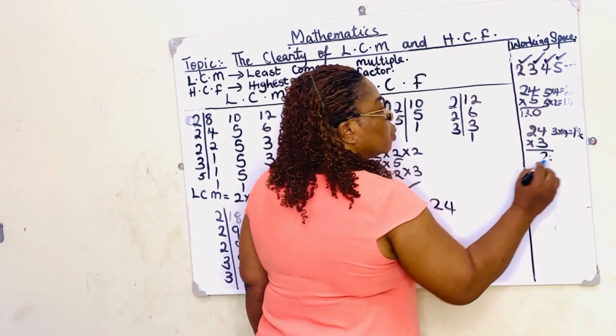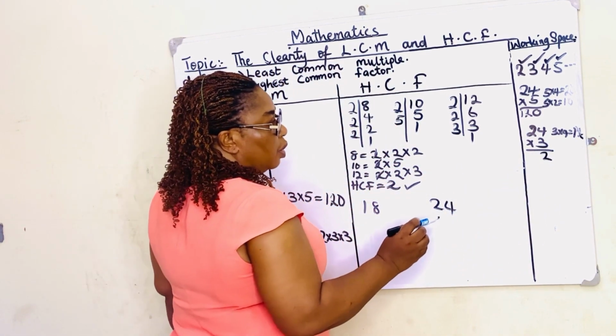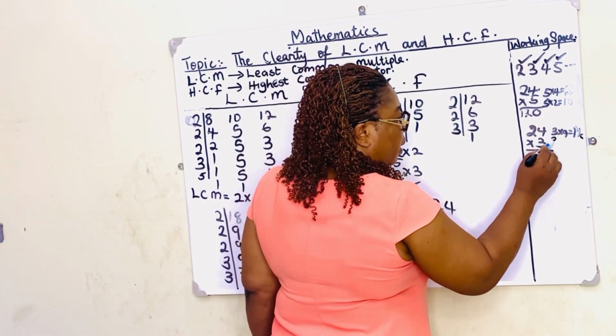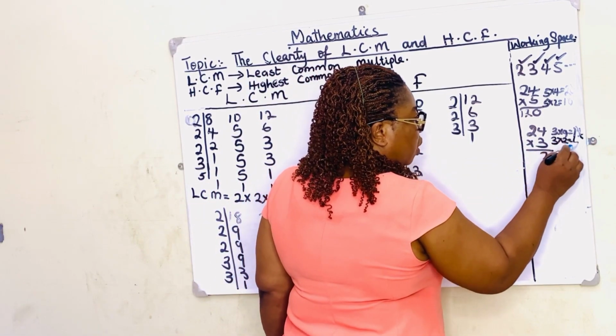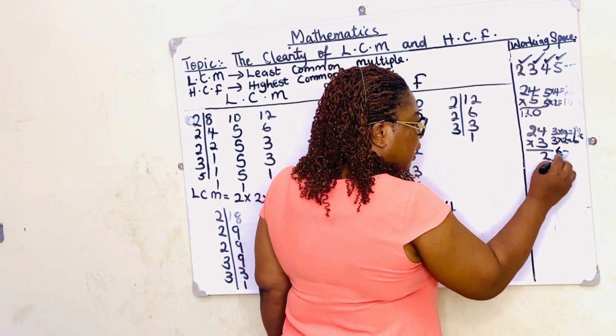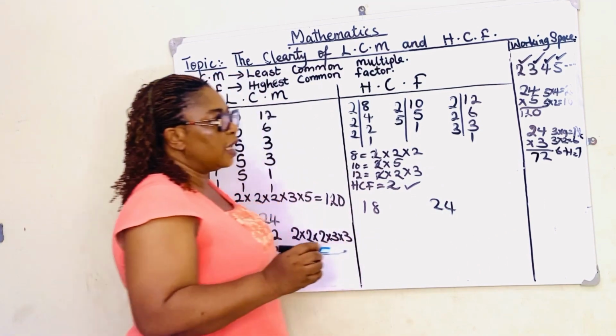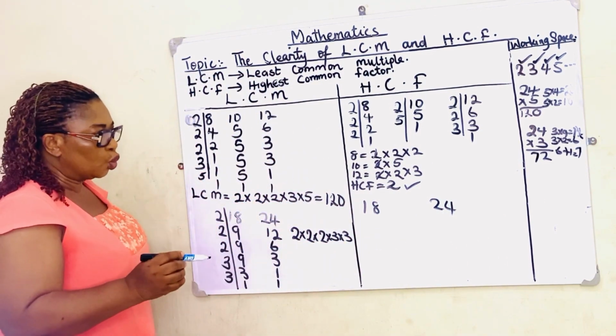We write 2, remember 1. I carry over 1. 3 times 2 will give us 6. This 6 plus this 1 will give us 7. And that is 72.